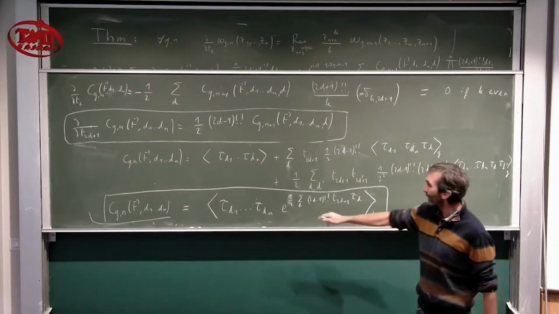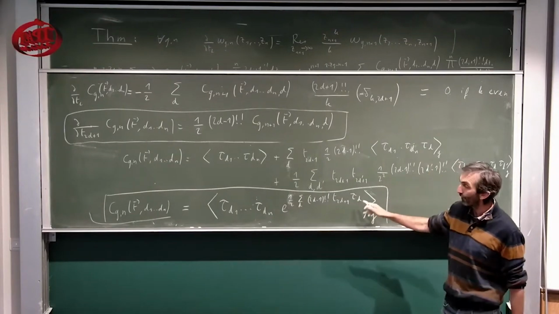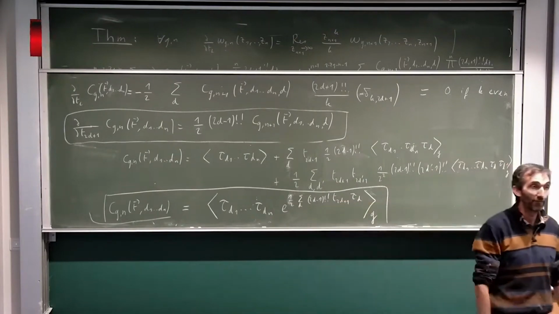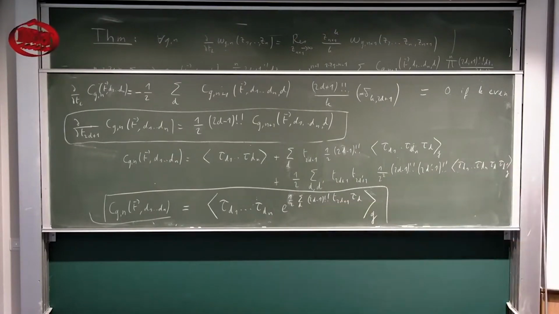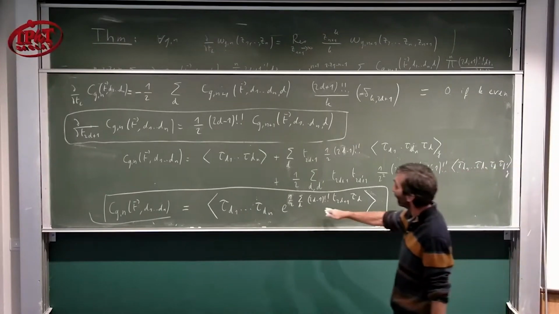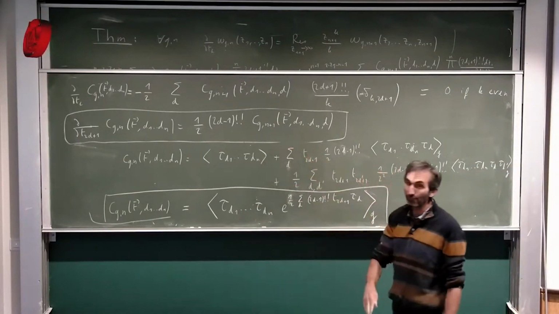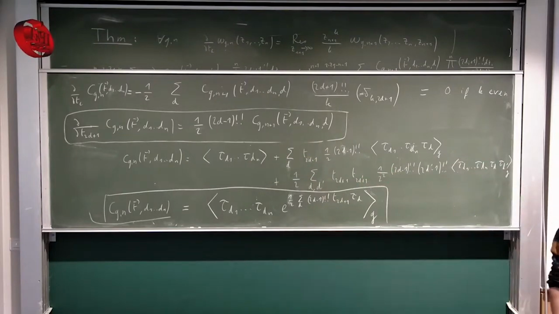The definition of this exponential of taus is that you take the Taylor series. It is now obvious to see that this satisfies the differential equation. This is the solution to the differential equation.